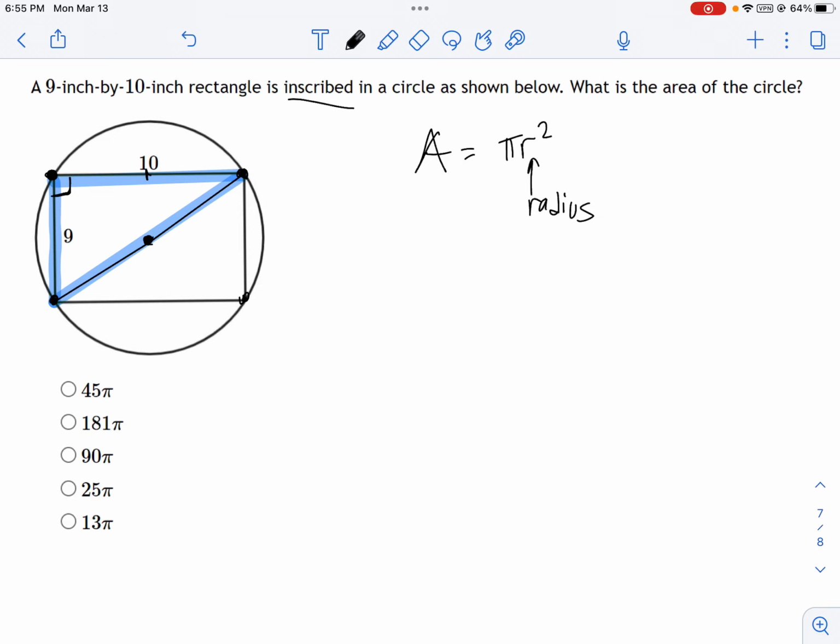And for any right triangle, meaning you have a right angle in there, you can use what's called the Pythagorean theorem. The Pythagorean theorem essentially says that if you have a right triangle with legs A and B and hypotenuse C, then leg squared plus leg squared equals hypotenuse squared.